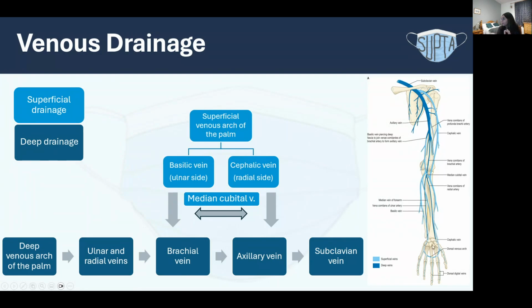So we start off with the deep venous arc of the palm. The deep venous arc then drains into the ulnar and the radial veins.